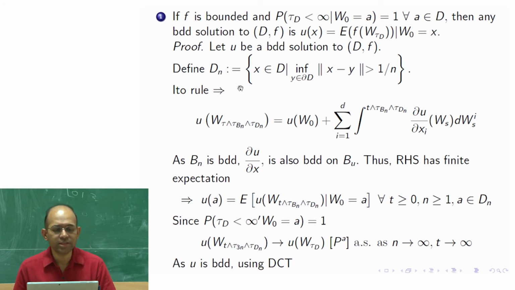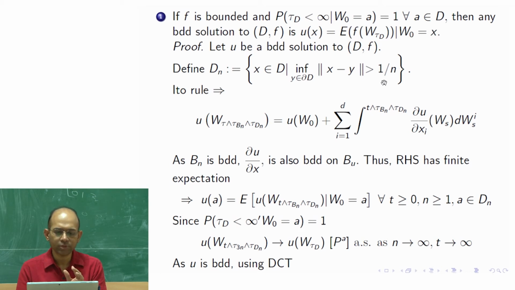Now we consider D_n. We fix 1 over n, a small number, and consider x in d-dimensional space, taking the norm of x minus y. The distance between x and y is greater than 1 over n.